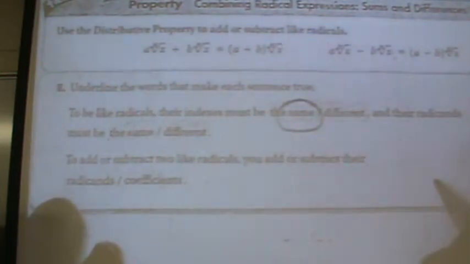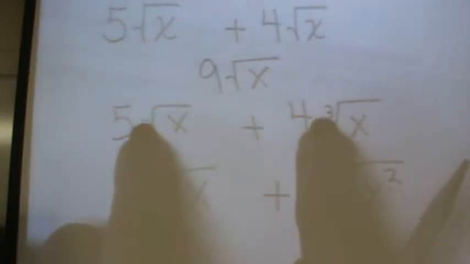So now, read this where it says 8. To be like radicals, their indexes must be what? The same. And their radicands, so let's talk about, what's the difference between an index and a radicand? The index is referring to these two little numbers right here.